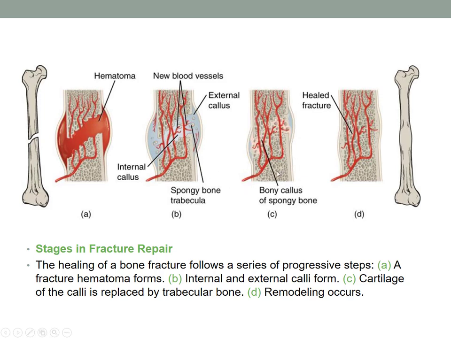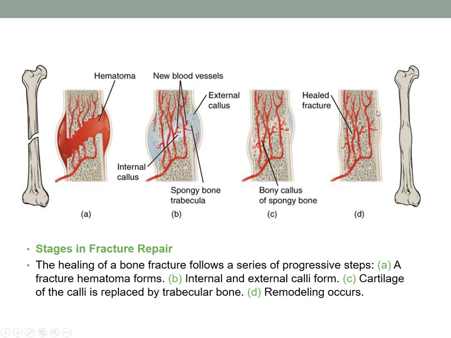You can see in the third picture the bony callus of the spongy bone. And this is cartilage that's being replaced by bone. And then you see the healed fracture, and in the photo on the far right, you see what the healed fracture looks like on the inside.